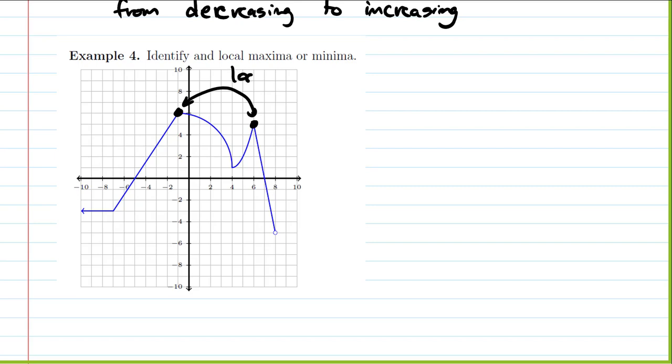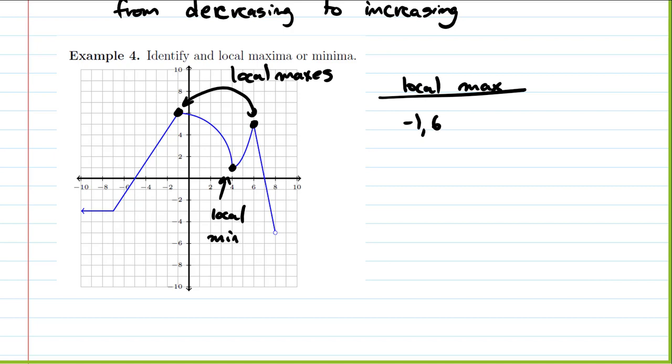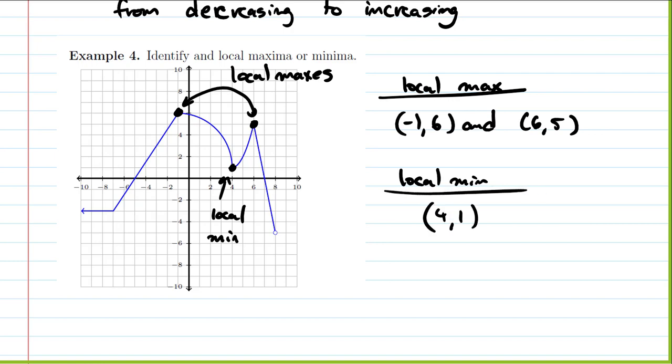So both of these are going to be local maxes. And my graph right here is going to have a local min as it changes from decreasing to increasing. So we have a local max at (-1, 6) and (6, 5), and we're going to have a local min at (4, 1).